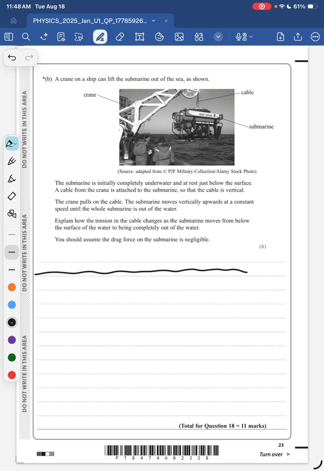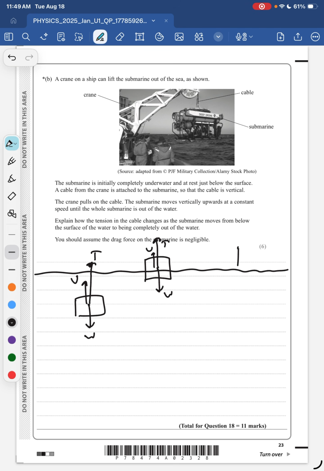Okay, so this is the sea and this is the submarine. So if it's fully underwater, the forces are the weight, right? The upthrust and the tension from the cable. So if it's partially submerged, we still have the weight and the tension and a little bit of upthrust, right?